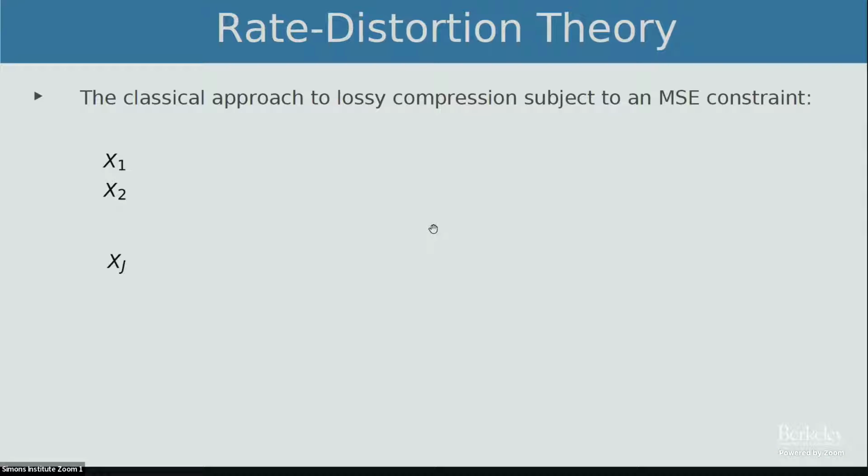Assuming your source is a 1D time series, you divide it into blocks of size j, and then you apply a linear decorrelating transform to it, so the Karhunen-Loève transform or some fast approximation thereof. You get the transform coefficients, and then you quantize these.